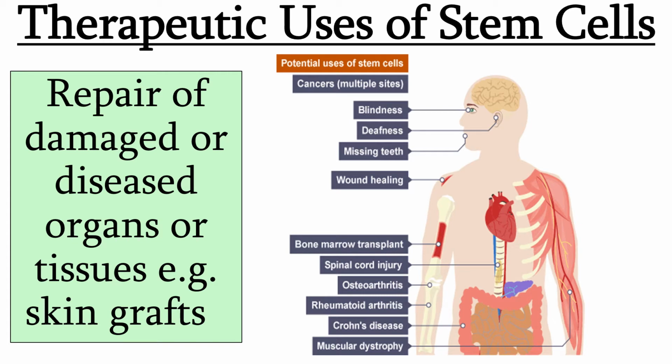So if you could use stem cells to grow your own kidney using your own DNA, then that would get round that issue of people rejecting organs and having to be on drugs lifelong, so that their organ isn't rejected.